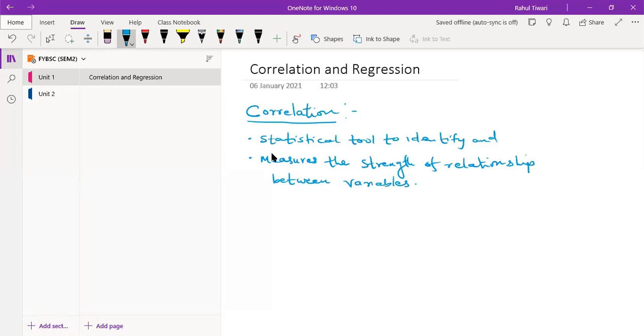So when we have two variables, you can identify their relationship.